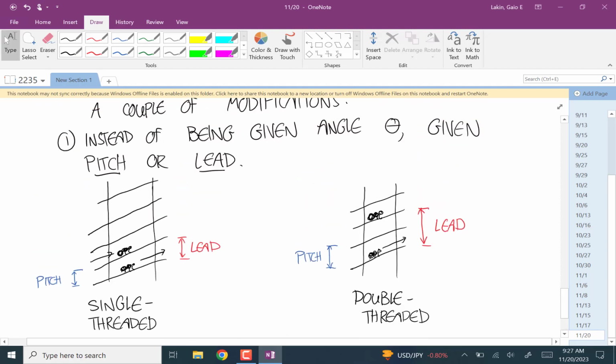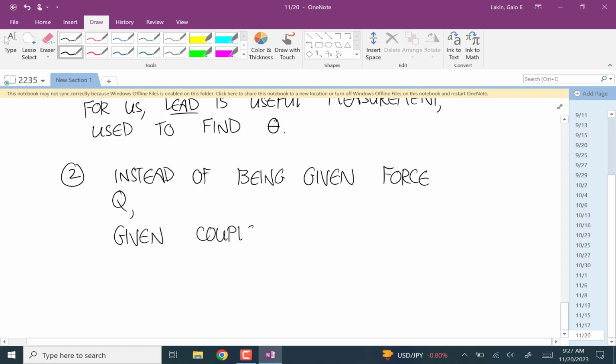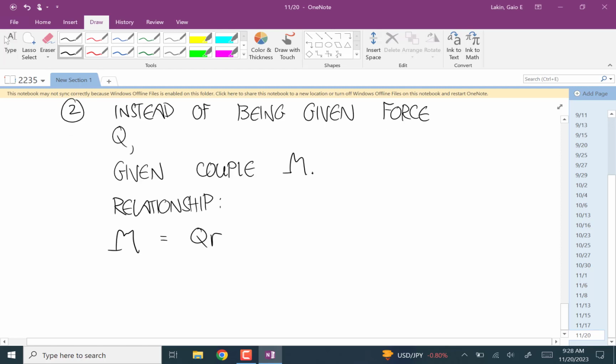So the second thing is, instead of being given a force Q, we're going to be given a couple M. And the relationship between those is that M is equal to that force Q times the radius of the thread.